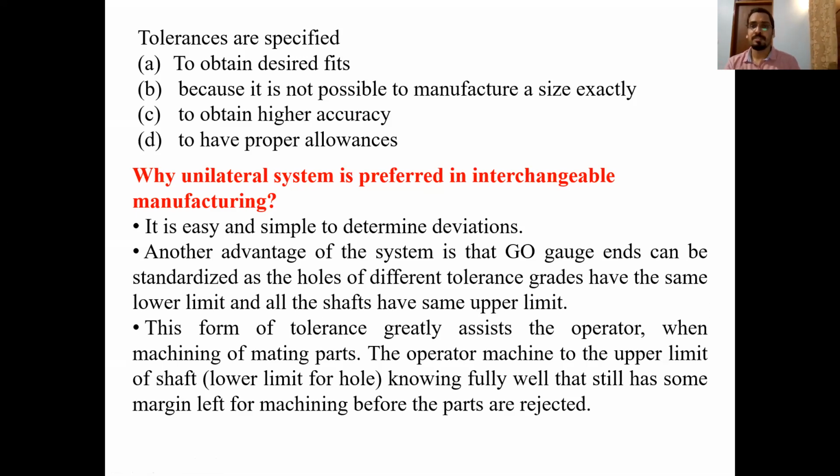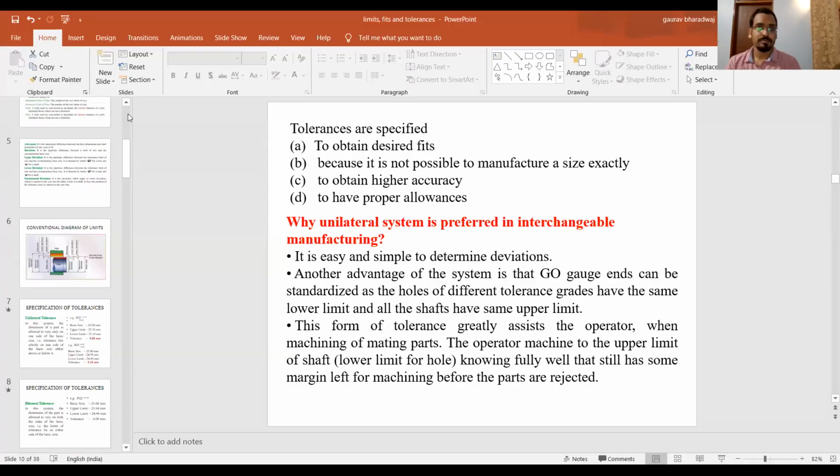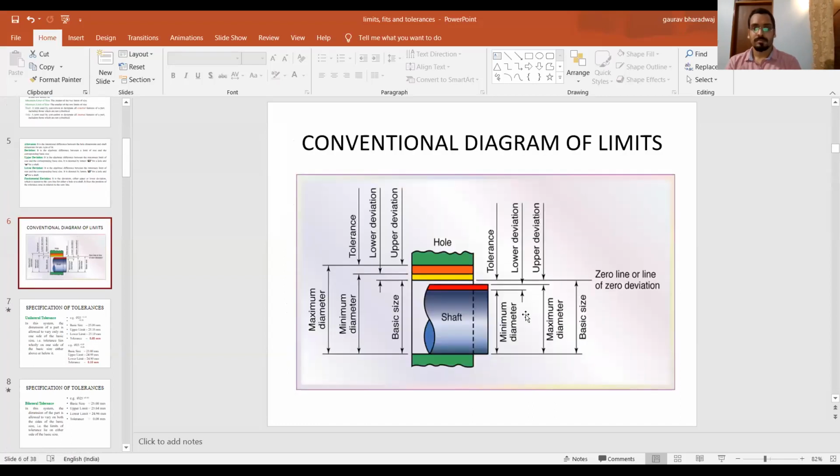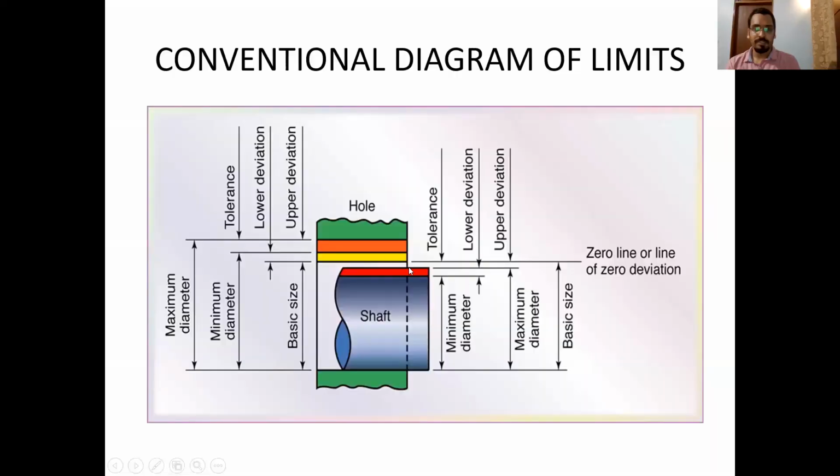I am going to explain this with the help of an example which I have already explained to you previously. You can look at this diagram. This is the basic size. This is the zero line. If we assume this upper limit of the shaft equal to this basic size, then the upper deviation of the shaft is 0.